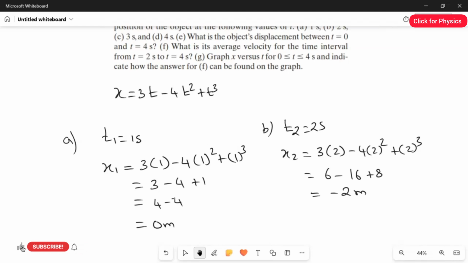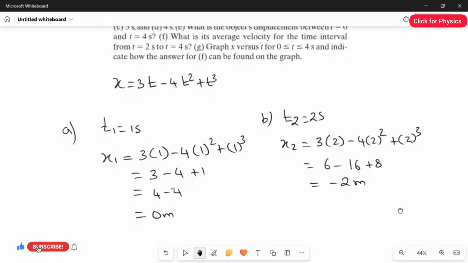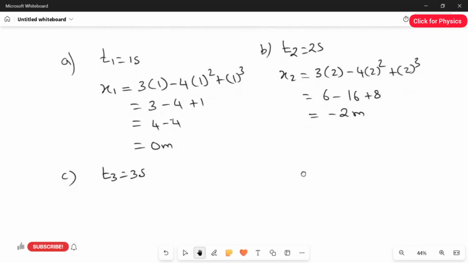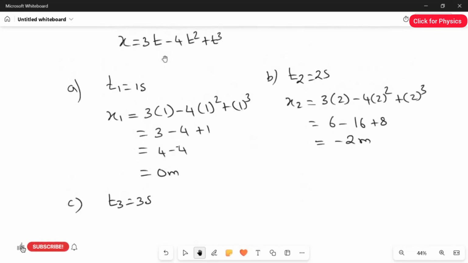Clear? Likewise, you have to do the same thing for t equal to 3 second. So part C, at a time t3 equal to 3 second, what's the value of x3? I have to substitute the value here as 3. So 3 multiplied by 3 minus 4 multiplied by 3 square plus 3 the whole power cube, right?